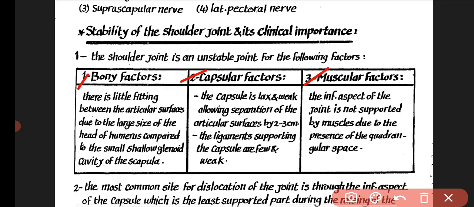Capsular stability: the capsule is lax and weak, allowing separation of the articular surfaces by 2 to 3 centimeters. The ligaments supporting the capsule are weak. And muscular factor: the inferior aspect of the joint is not supported by muscle due to the quadrangular space.